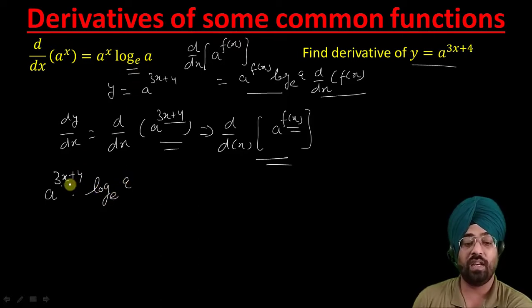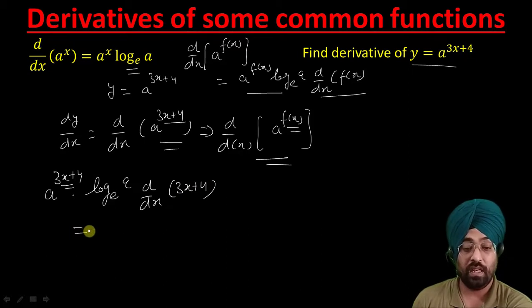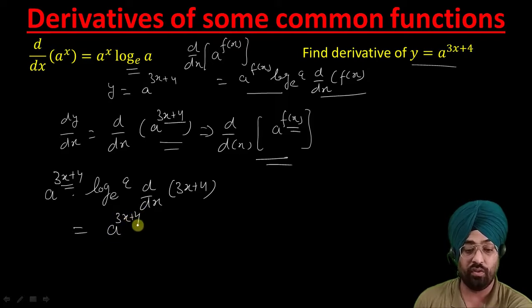Now we have to do the derivative of 3x plus 4, dy by dx of 3x plus 4.